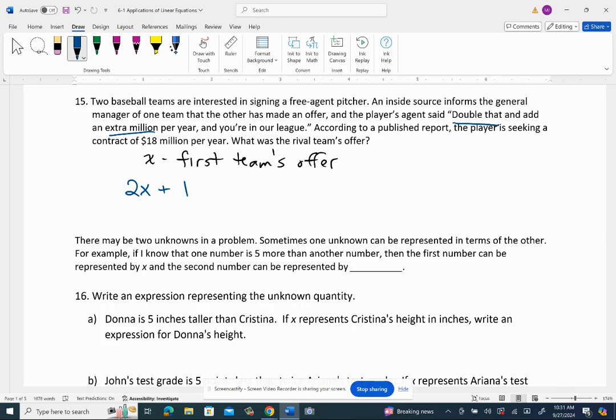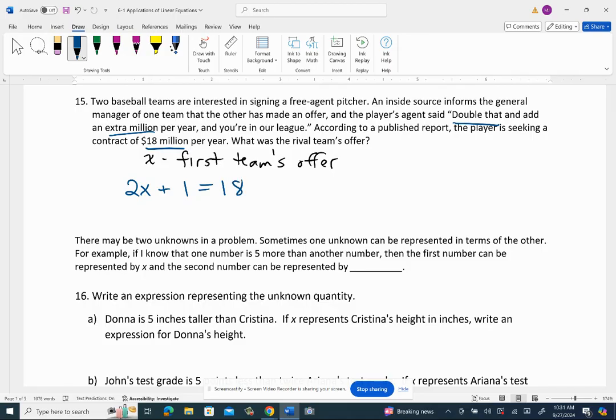So if they double that, that means 2 times X, and add 1 million, then that's supposed to be an offer that would be what the player's agent was interested in, and we know the player is seeking a contract of $18 million per year. So this should equal 18.